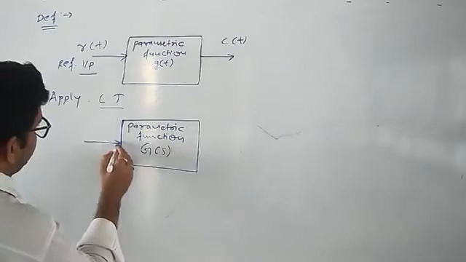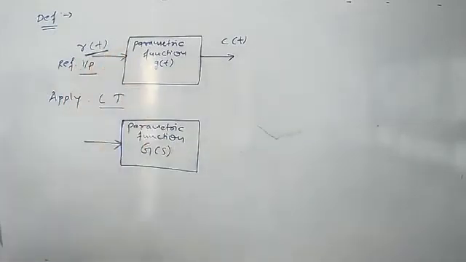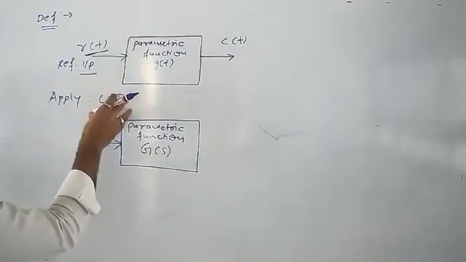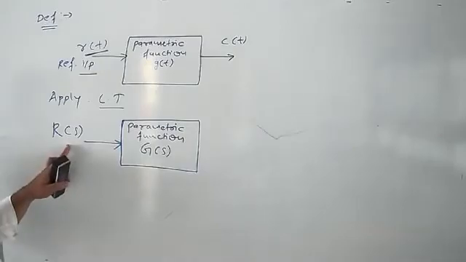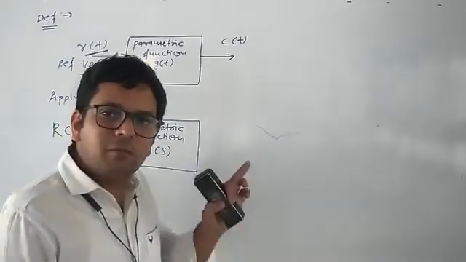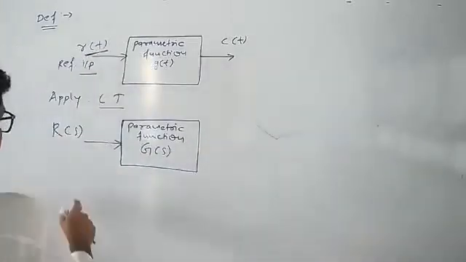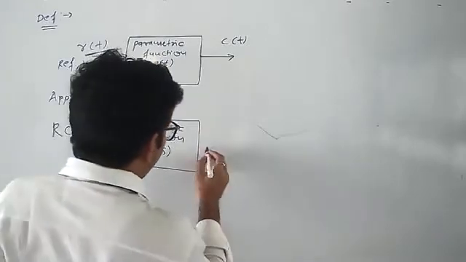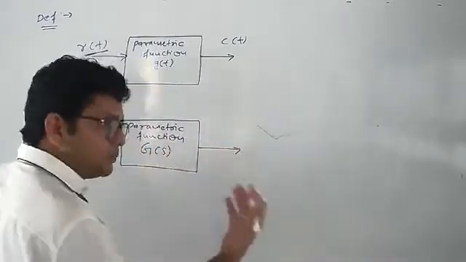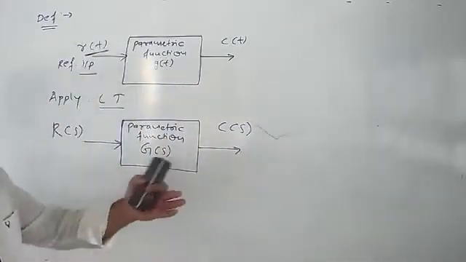Again, to this system we apply some reference input signal, which is indicated by the symbol r of t in time domain. If you apply Laplace transform, this can be written as capital R of s, where capital R of s indicates the reference input applied as an excitation to our control system. When we apply this reference input as an excitation, definitely it is going to generate some output, or response, and in frequency domain that is capital C of s.